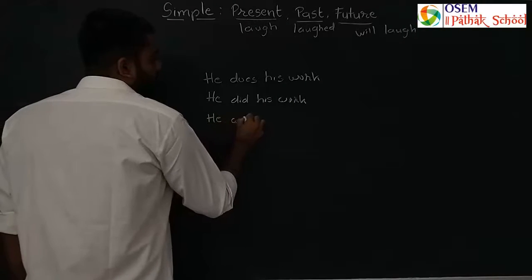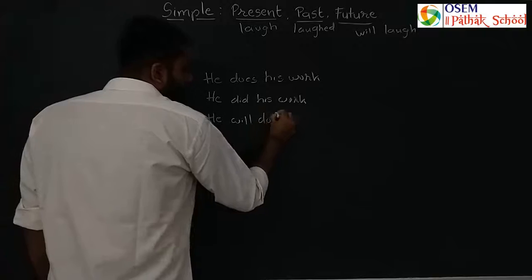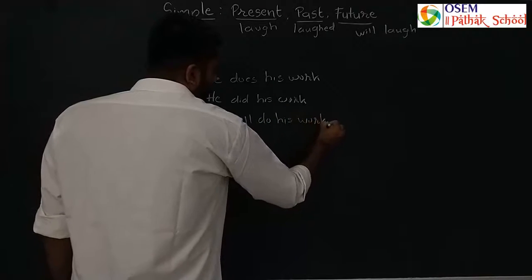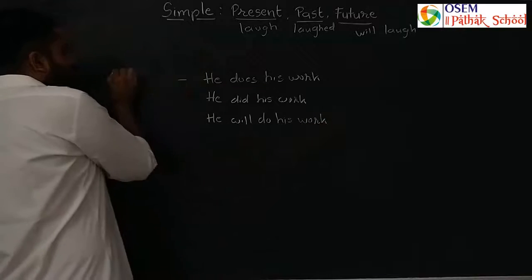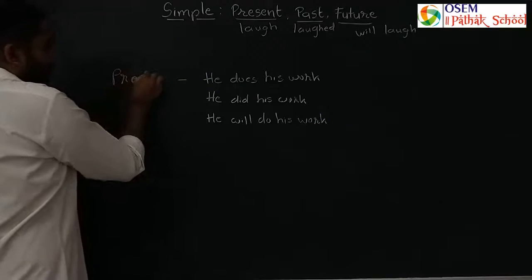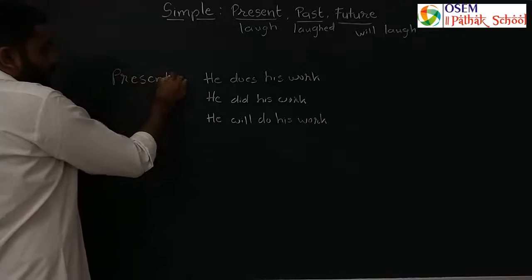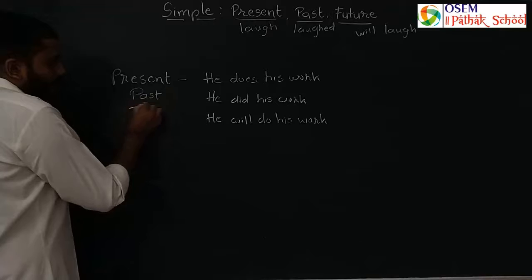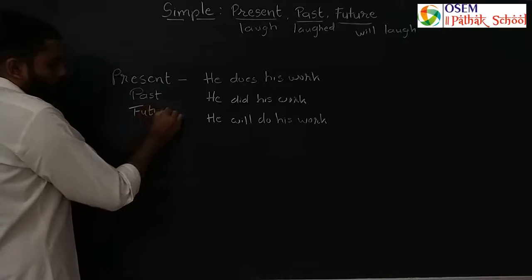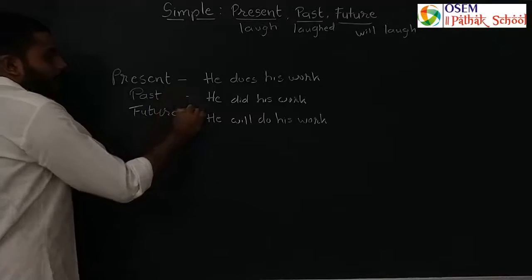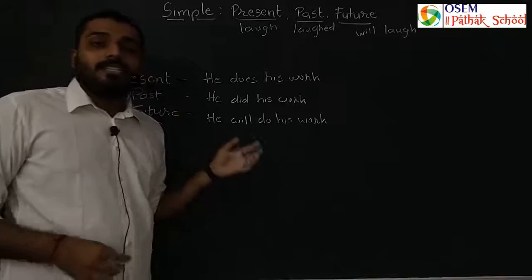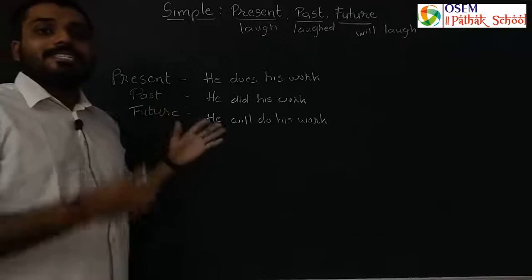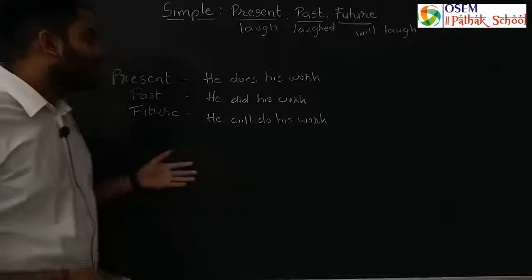He will do his work. Now this is of present, then this is of past, and this is of future. So I have drawn a table of all three. You just have to change it accordingly, as I have shown you.